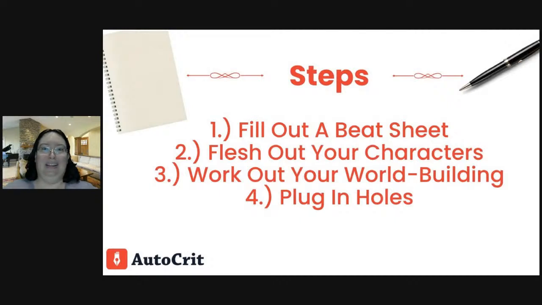And then finally, as we just alluded to a little bit, we're going to talk about plugging in holes. When you finish a reverse outline, you should have a very rough idea of the plot in your story. And some of those beats, if you use a beat sheet, may be empty. You're going to have characters that may or may not fit into those little buckets that I showed on the screen, and you may not know where to go to strengthen that character so that they firmly fit in the role they want.